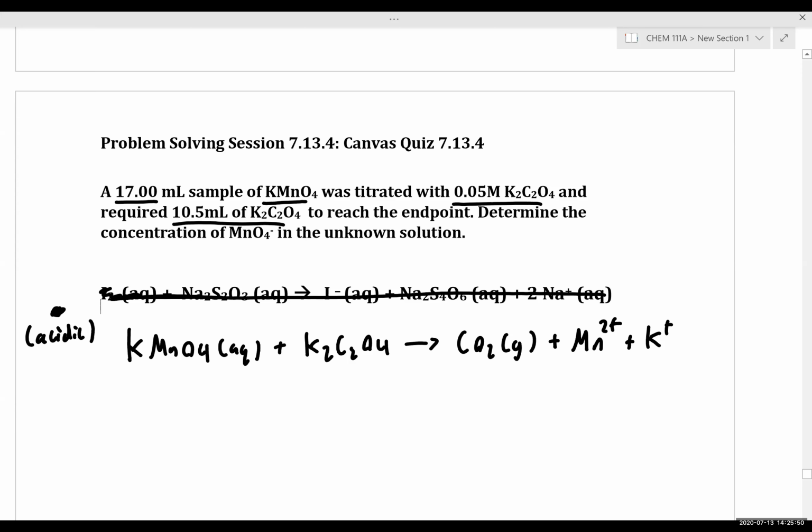We'll discuss balancing this redox reaction in another 2 minutes.